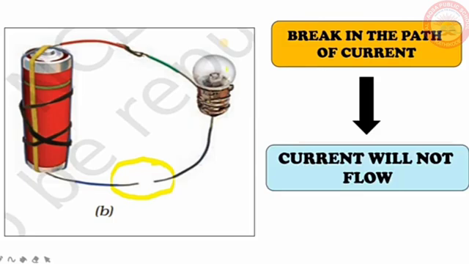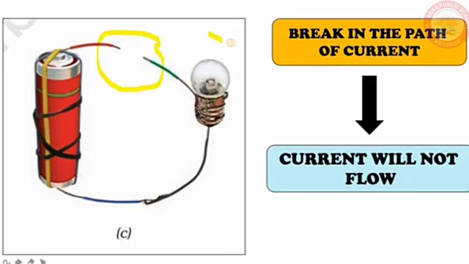Yes, here we can see a gap, so there is a break in the path of current, so the current will not flow, so the bulb will not glow. Diagram C. Here also we can see a break in the path of current, so the current will not flow and the bulb will not glow.